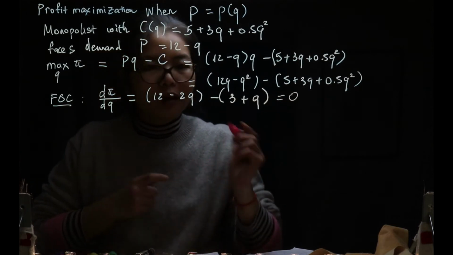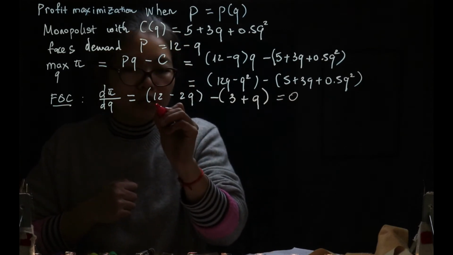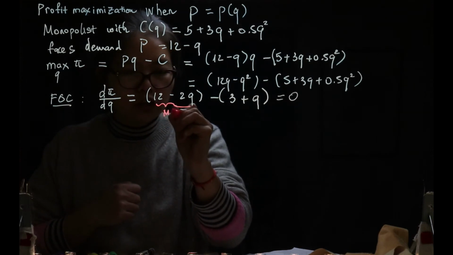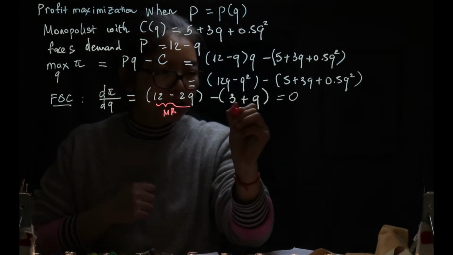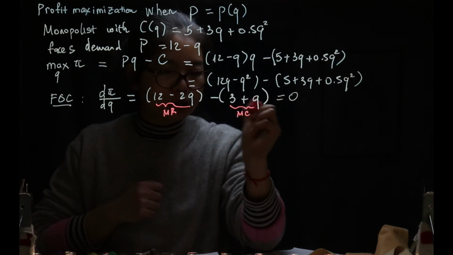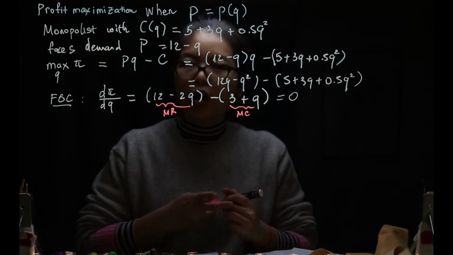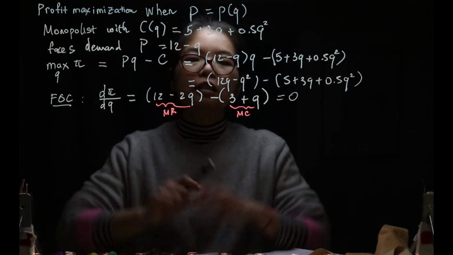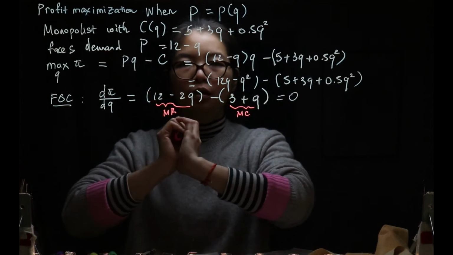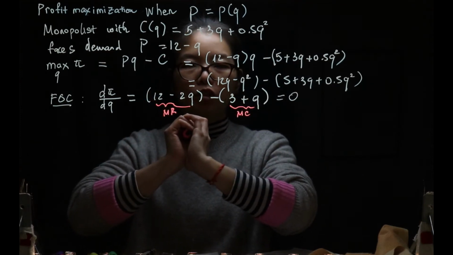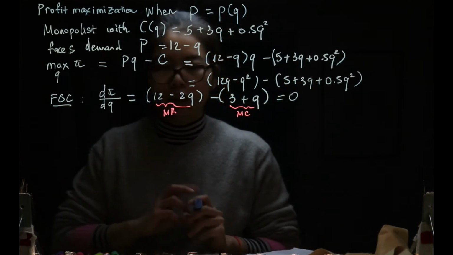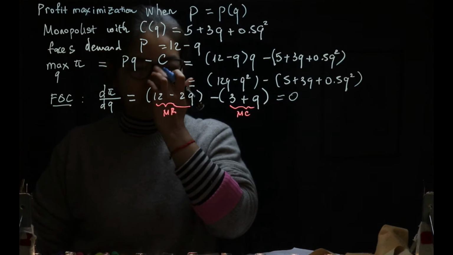But let's take a moment to remind ourselves this is the marginal revenue and this is the marginal cost. So as always with profit maximization, marginal cost should be set equal to marginal revenue. So that is where, or how much, they should produce. Okay?